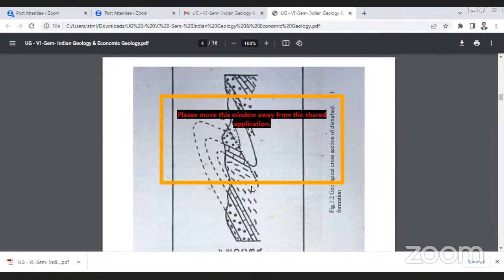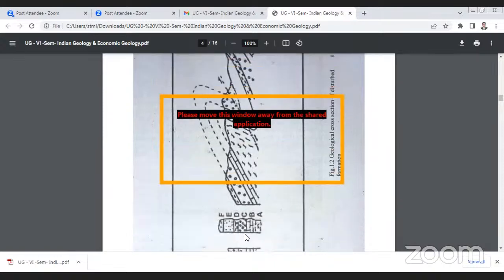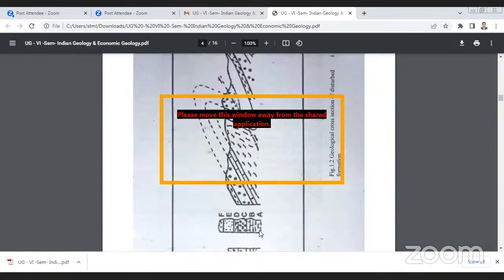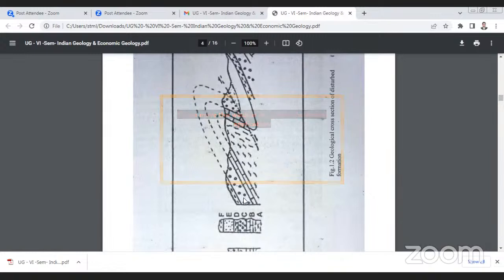There are different types of formations, shown as A, B, C, D, E, and F. A is showing the lower beds. So A is the older one, and F is the younger one.